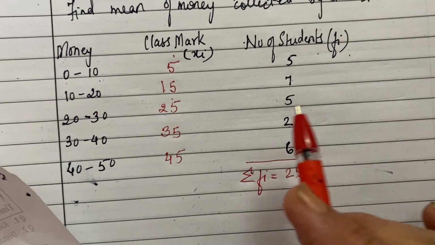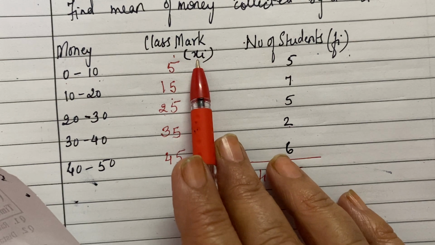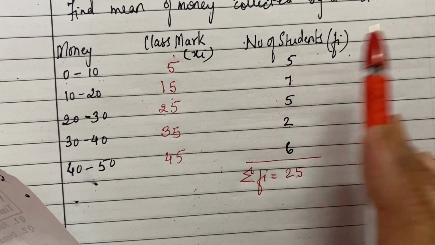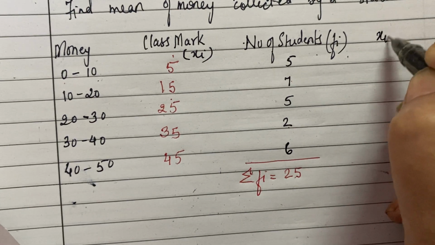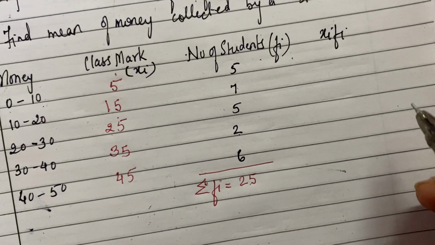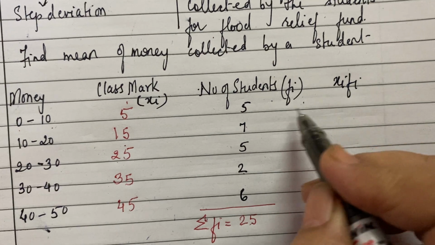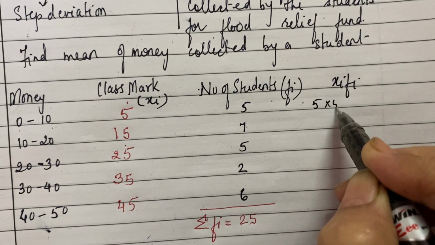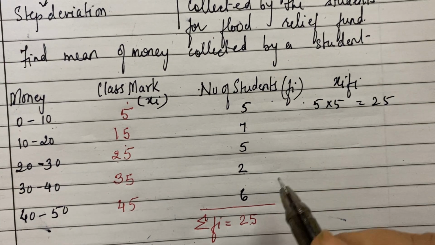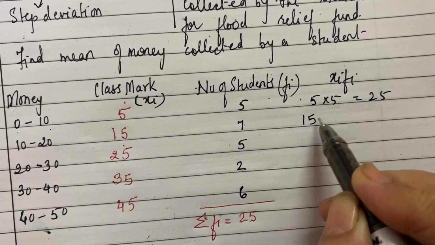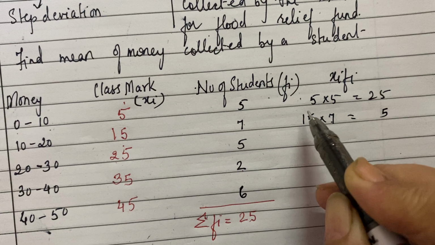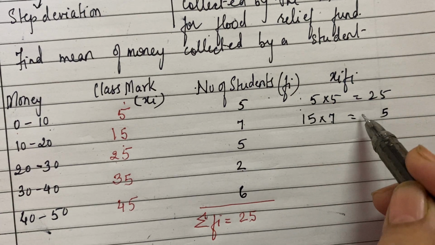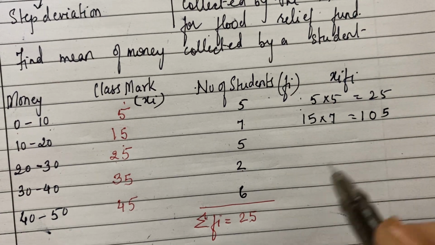Now the next thing that we have to do is find out the product of the class mark with that of the frequency. So your next column will comprise of Xi into Fi. Okay, so that is 5 into 5, that is 25. 15 into 7, 7 5s are 35, carry 3, 7 1s are 7 and 3 is 10, so 105.